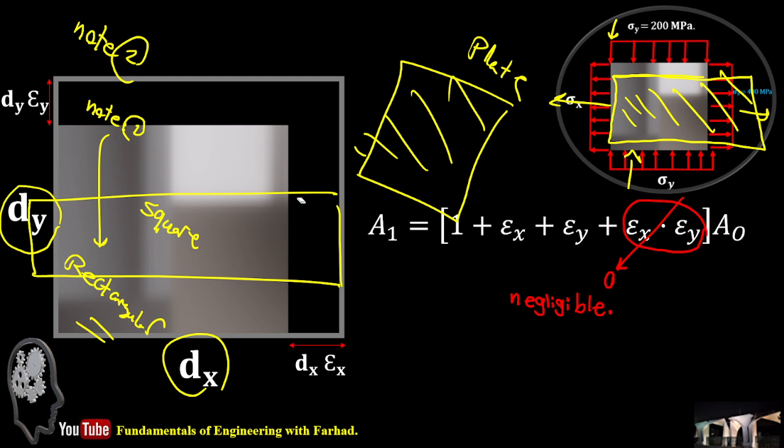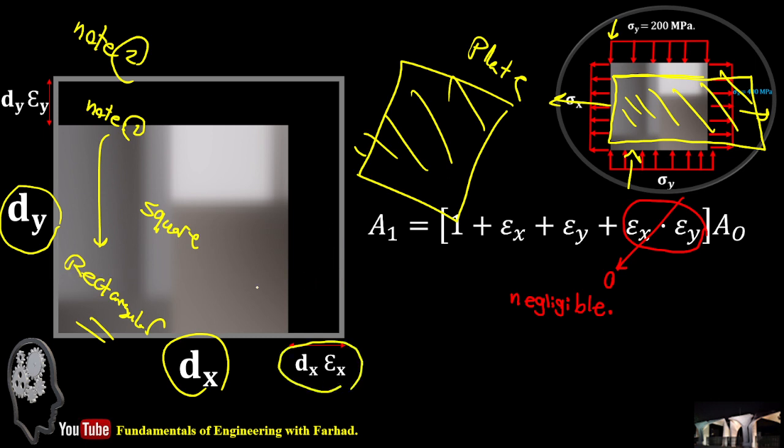You can consider any kind of shape; you just need to consider dx, dy, and epsilon y due to Poisson's ratio, and be careful about the direction of your stresses.